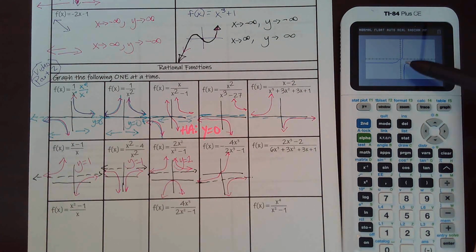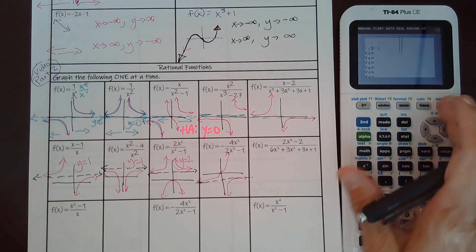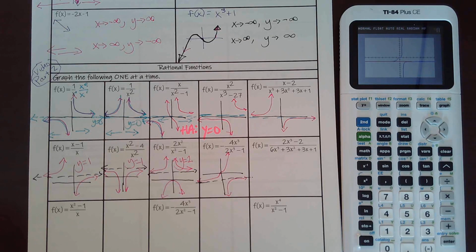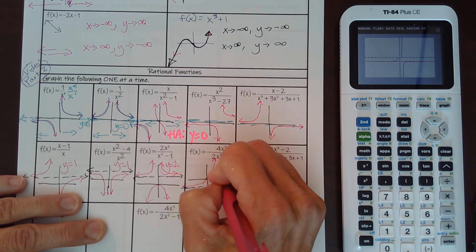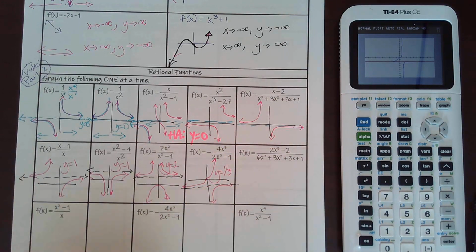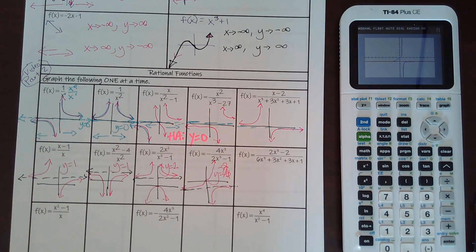Well, it appears that it will be a negative, and so I'm thinking it'll be -2. So go down to y2, type in -2, and graph, and sure enough, that's the case. That's what the horizontal asymptote is. So the equation for this horizontal asymptote is, not 1/3, y equals -2.